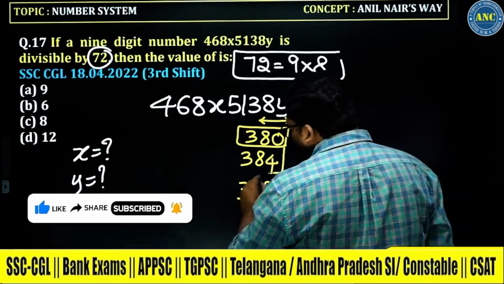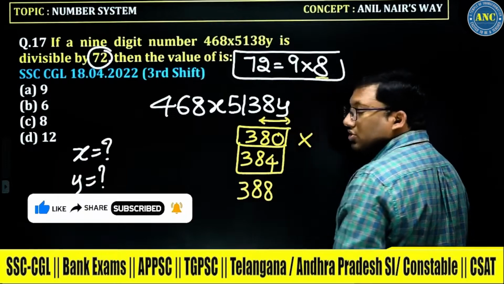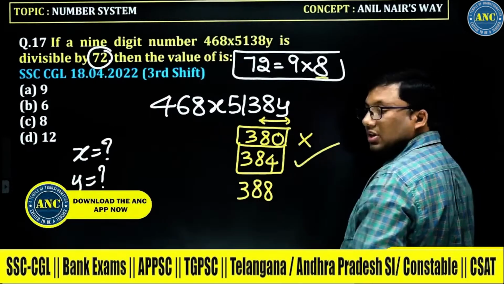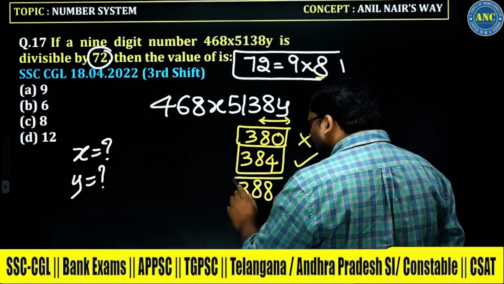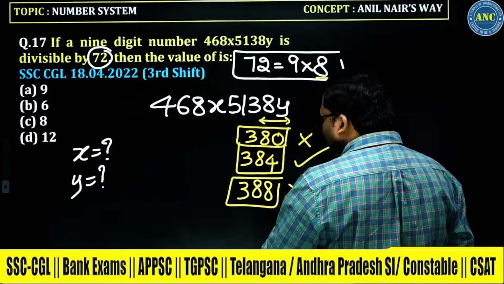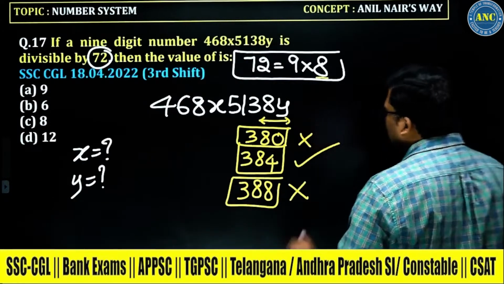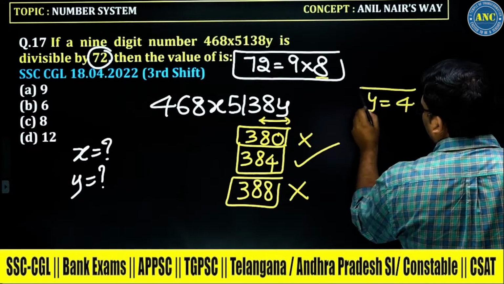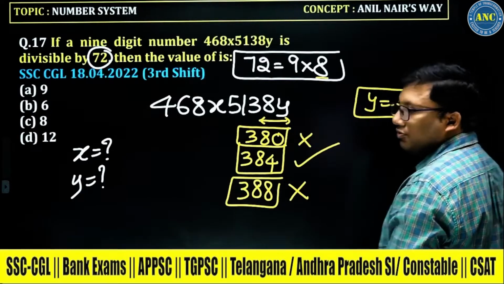Not possible. 384: 8 fours are 32, 64. 8 eights are 64. Yes. 388 is not divisible. So the y value we got is 4, fixed.